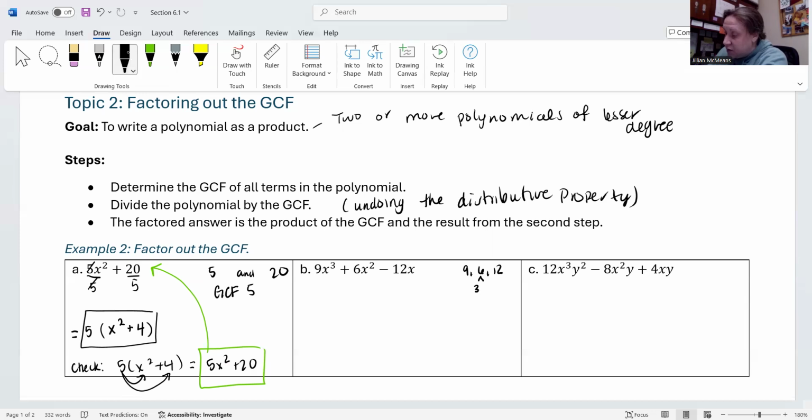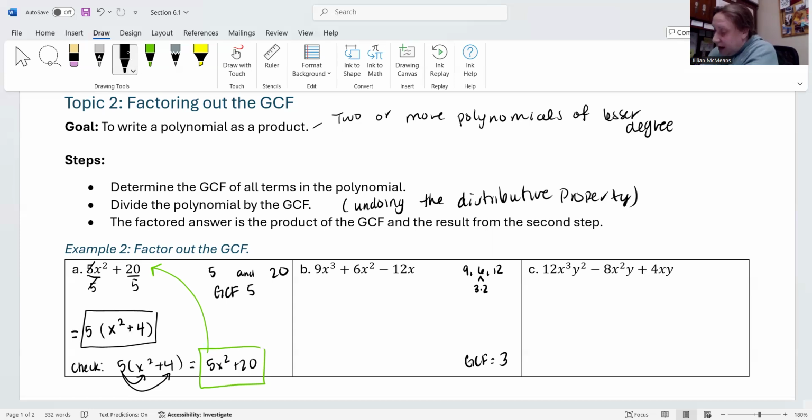Factors of 6 would be 3 and 2, and I always go biggest to smallest. Other than 6, the biggest factor would be 3. Is 3 a factor of 9? Yes. Is 3 also a factor of 12? Yes. That means my GCF so far is 3.